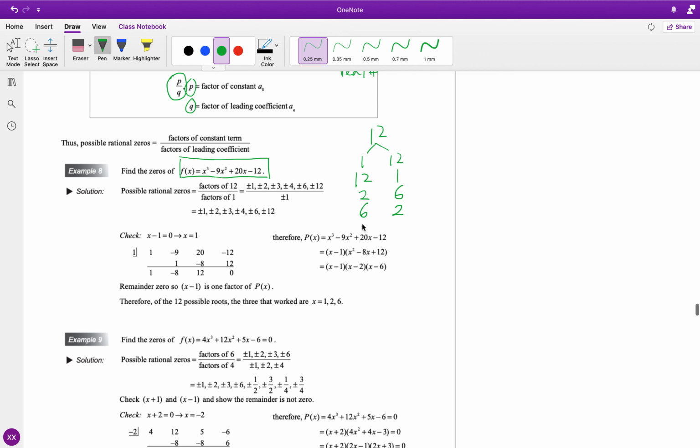And then now I go to 3 and 4, or 4 and 3, right? So in this case, you would have plus or minus 1, plus or minus 12, plus or minus 2, plus or minus 6, plus or minus 3, plus or minus 4.